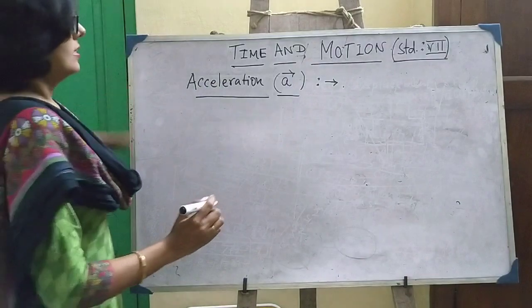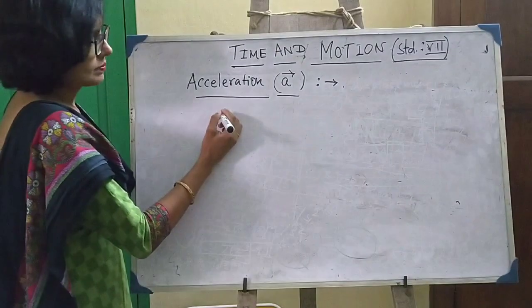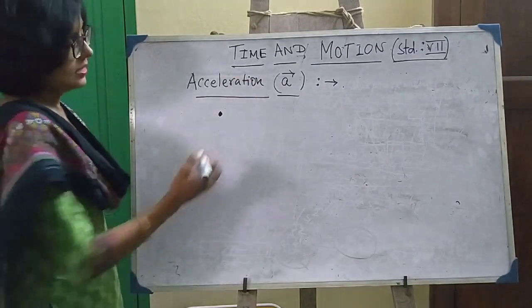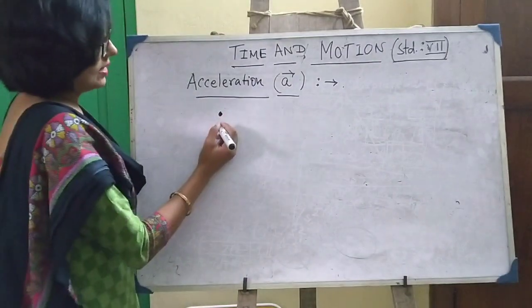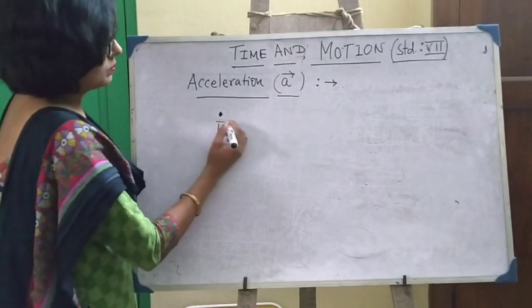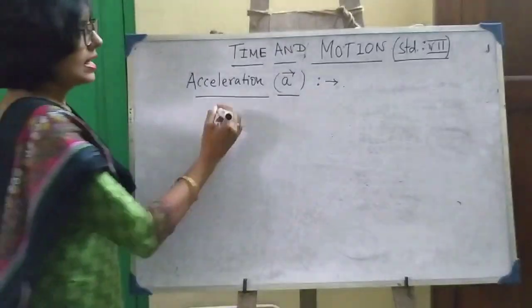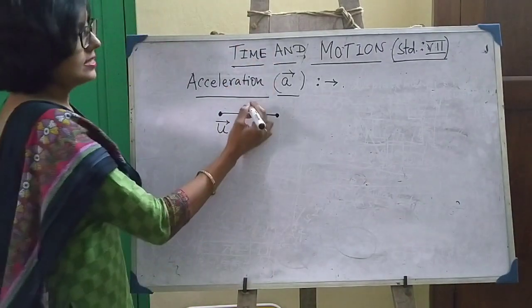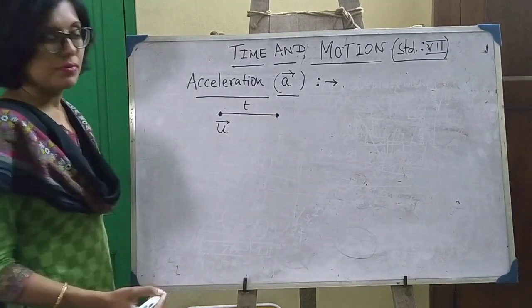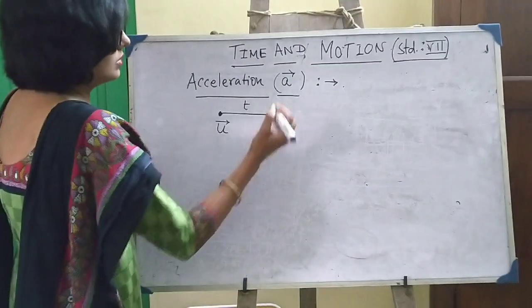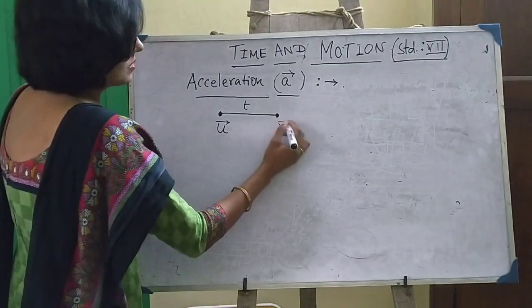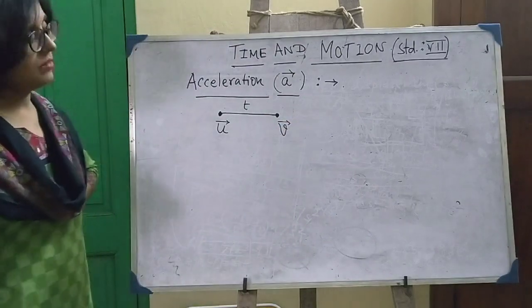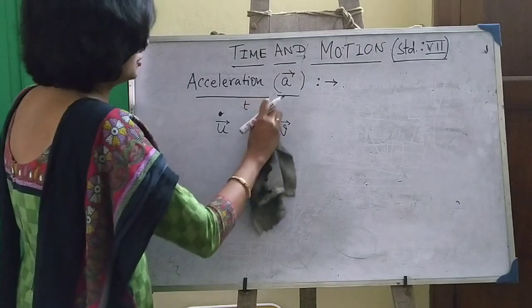Okay? Acha. Suppose a body is moving with an initial velocity u, and after a finite interval of time t, the velocity of the body becomes v. Initial velocity u, no need to join the initial position and final position.